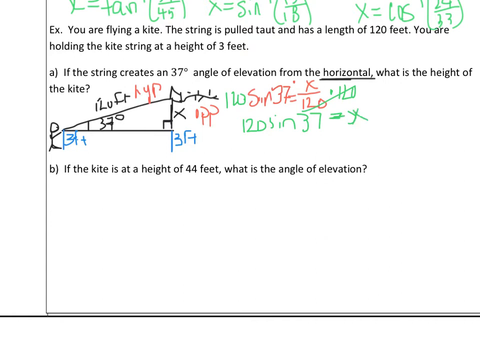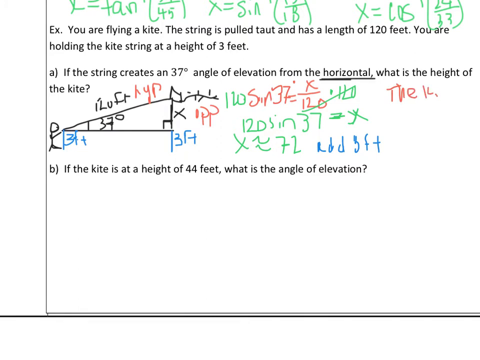I'll type 120 times sine of 37 into my calculator, and I'll get x to be about 72 feet. But remember, I need to add in the 3 feet because it's already being held 3 feet above. So 72 plus the 3 feet will give me a height of about 75 feet.